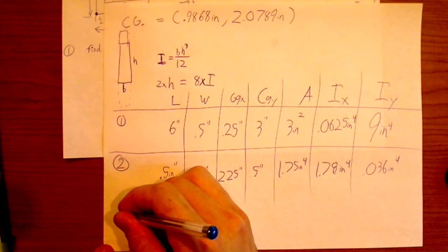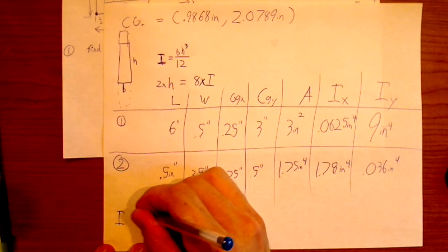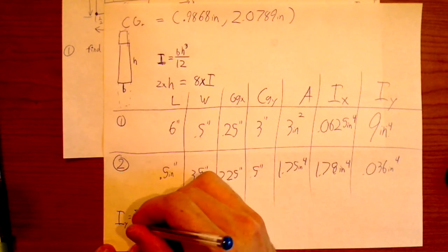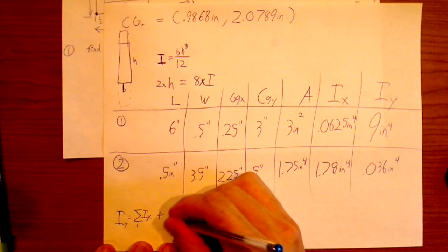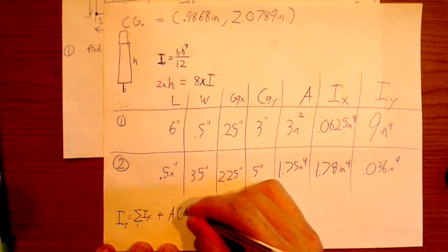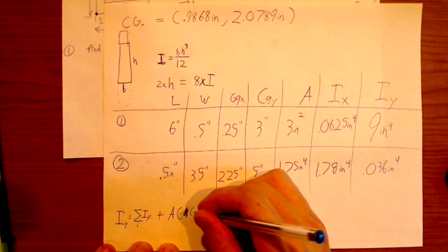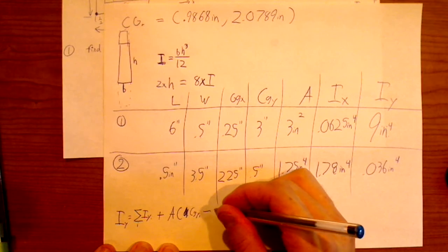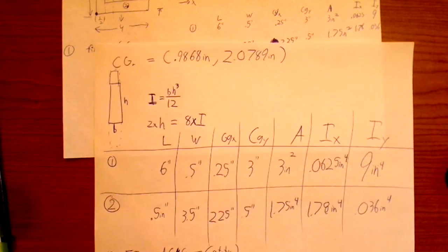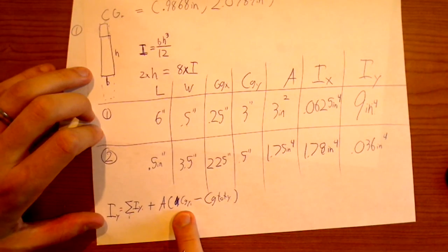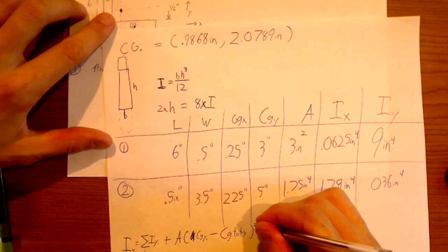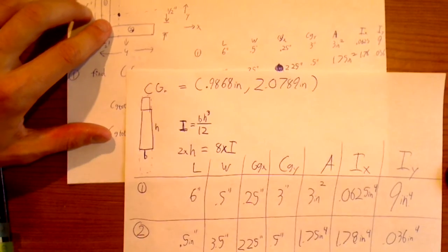So, moment of inertia, we have, let's say in the y direction, the sum of all the Iy's for all the shapes, plus their area times their distance, or let's see, so this is their center of gravity minus wherever the total thing's center of gravity is, that whole business squared times the area.